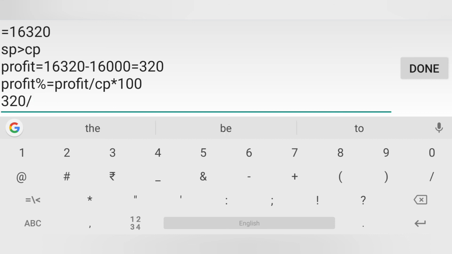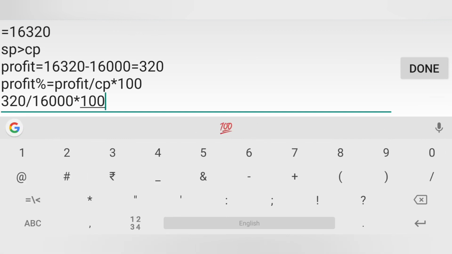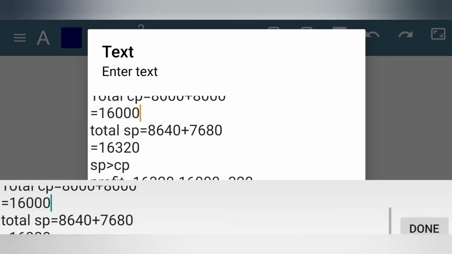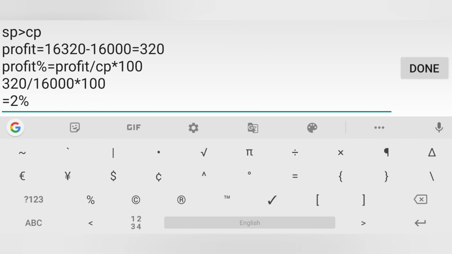Then 320 upon CP, so we have to write total CP here, 16,000 into 100. So after solving all this, we get 2. So 2% is the gain percent in the whole transaction.